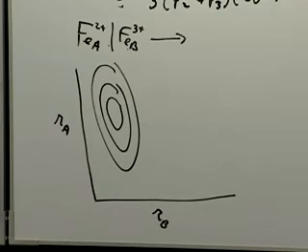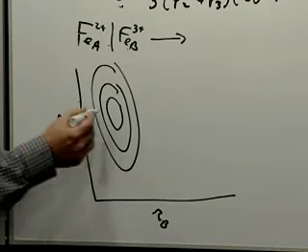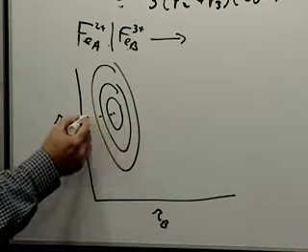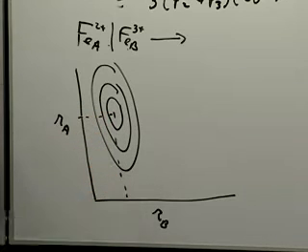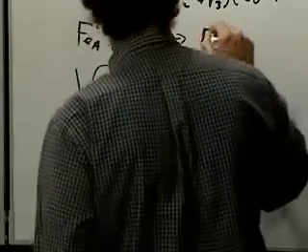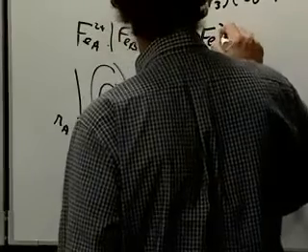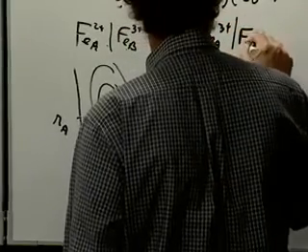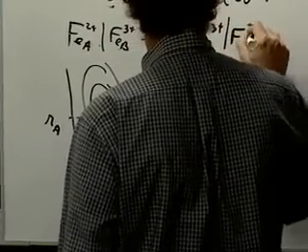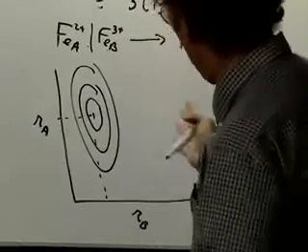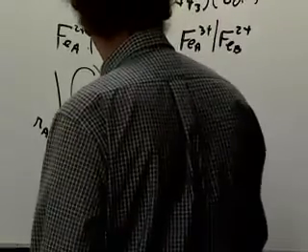And its equilibrium configuration is here. I'm drawing you a three-dimensional surface. Likewise, the product will be FeA3+ FeB2+. And that will look shifted, and that's going to look like this.